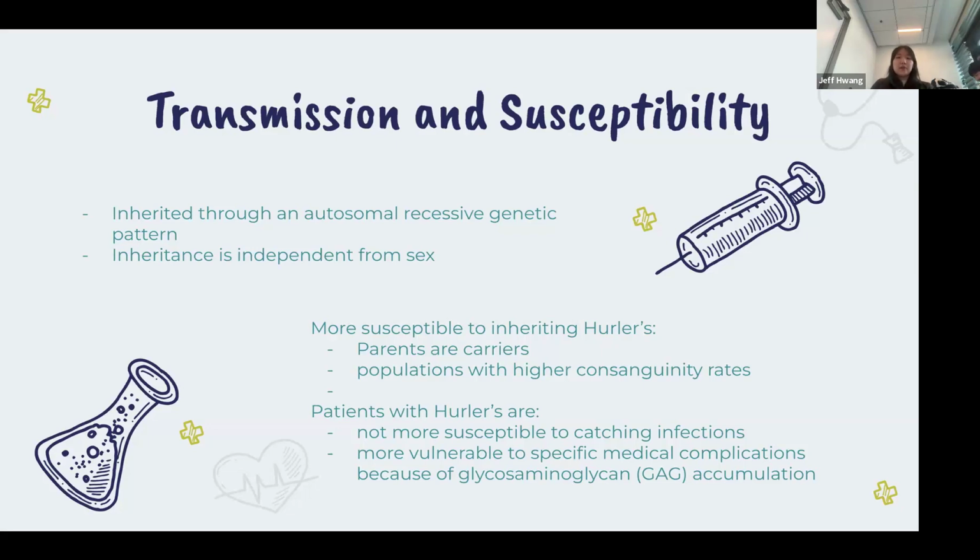Patients with Hurler's are not more susceptible to catching infections because this is not an immune disorder, but they're more vulnerable to specific medical complications because of GAG accumulation in the body, which could lead to heart issues as well as brain damage and airway problems.